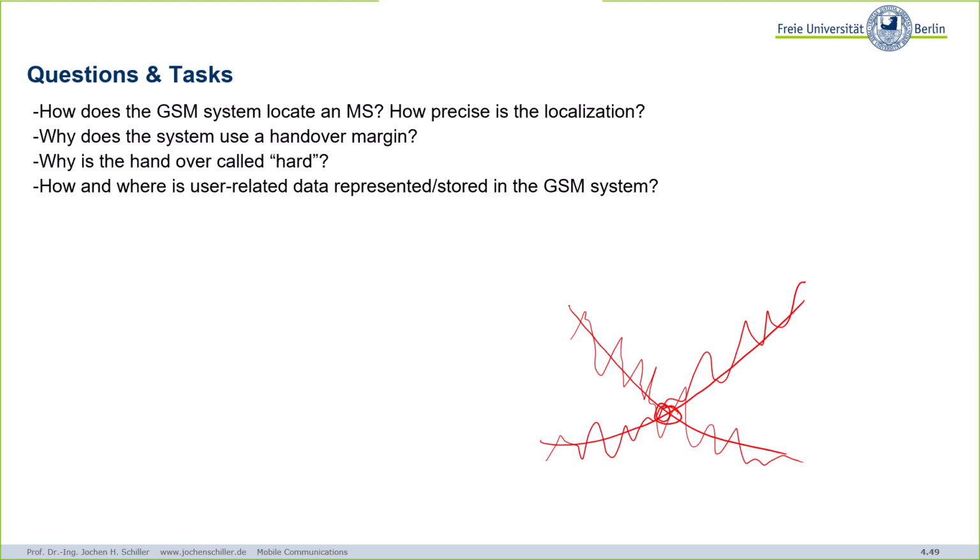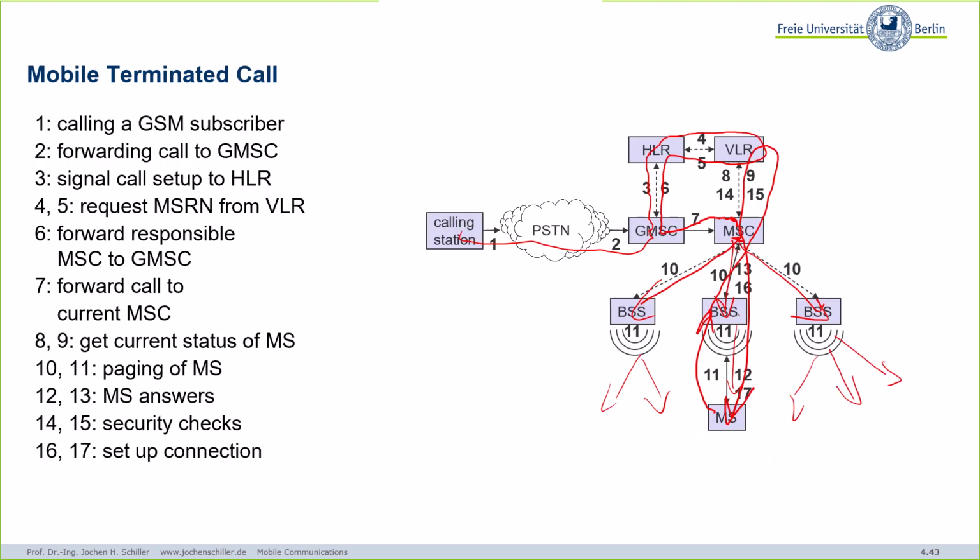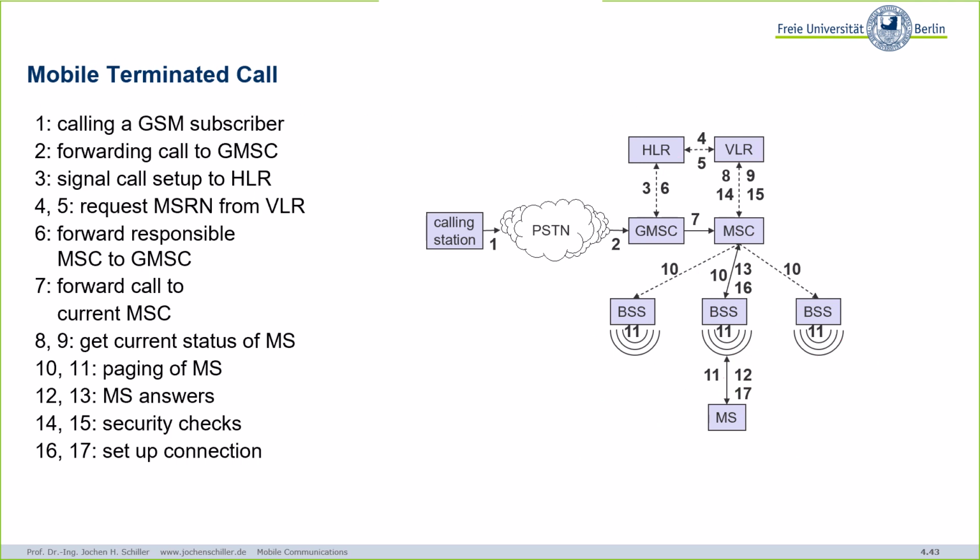But the system itself, as I showed you on this slide about the mobile terminated call, has to store information about you in the HLR. That's your contract and whatever the system knows about you. The VLR knows your rough location, but the HLR also knows location.